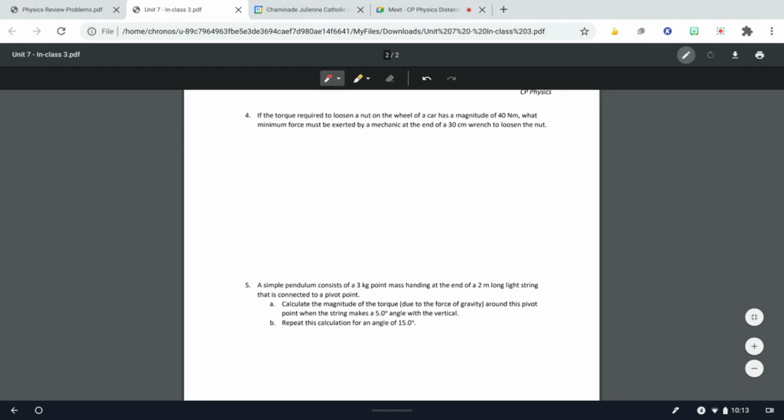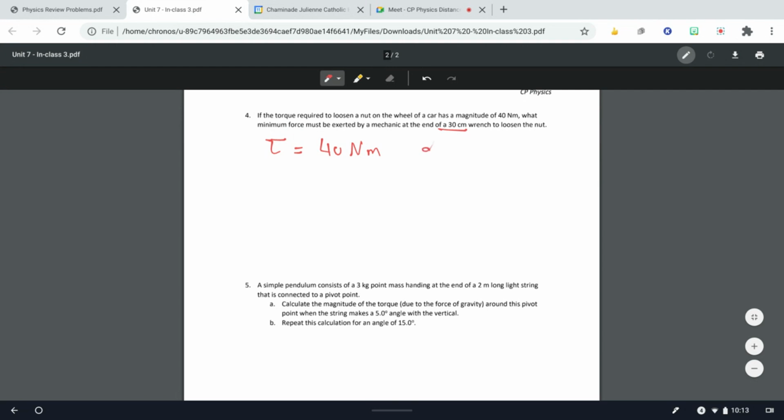If there are no questions, then let's start with number 4. A torque required to loosen the nut on the wheel of a car has a magnitude of 40 newton meters. So you know the torque that is required. Torque is given by this symbol, the Greek letter tau. 40 newton meters is your torque required. And then you know the lever arm, D, which is 30 centimeters or 0.3 meters.